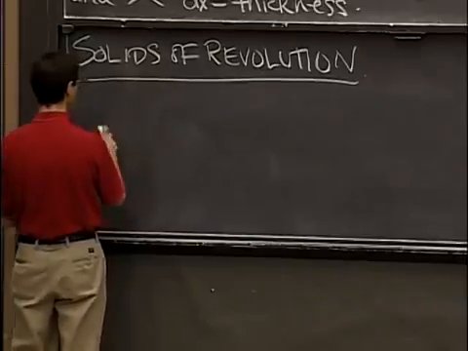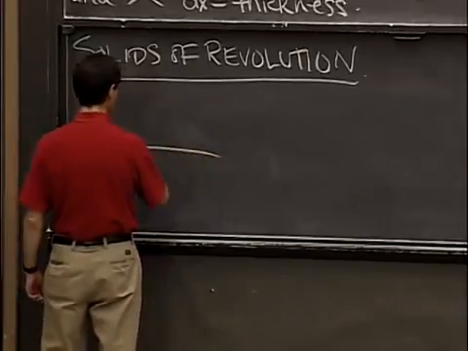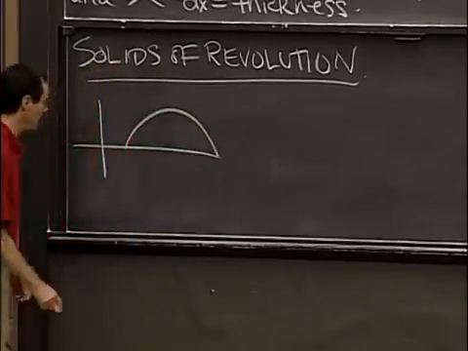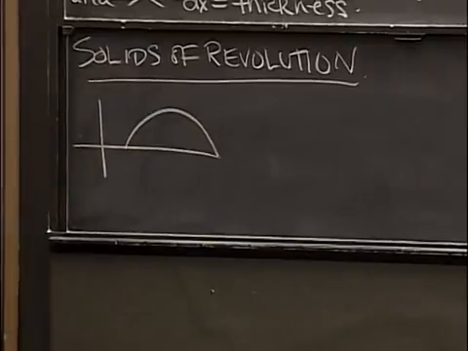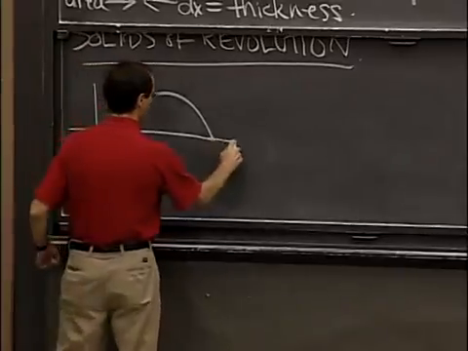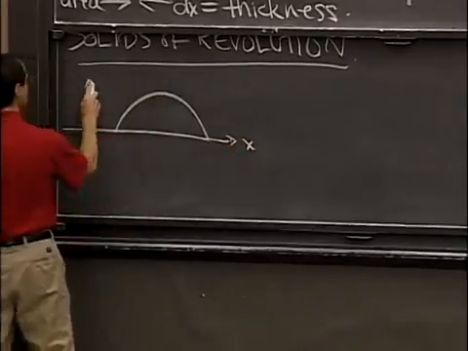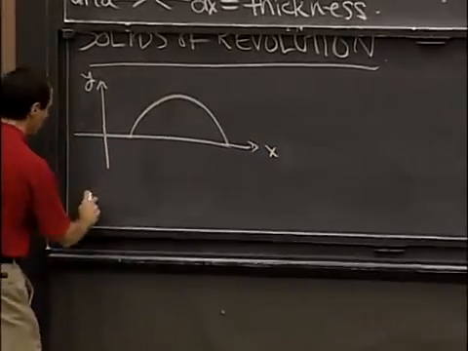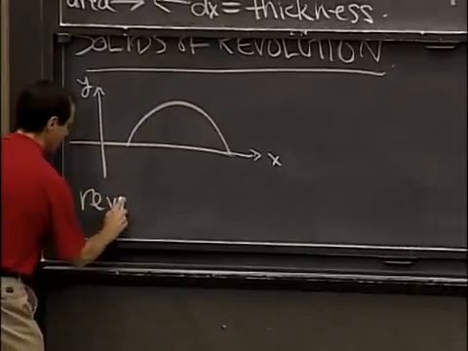The idea here is this. Suppose you have some shape, some graph, which maybe looks like this. And now I'm going to revolve it. This is the x-axis, and this is the y-axis. In this case, I'm going to revolve it around the x-axis.